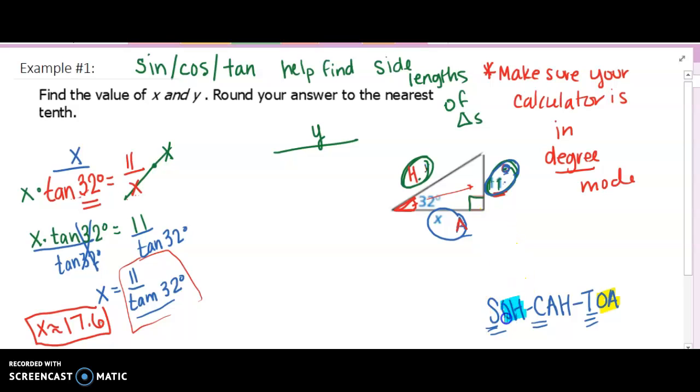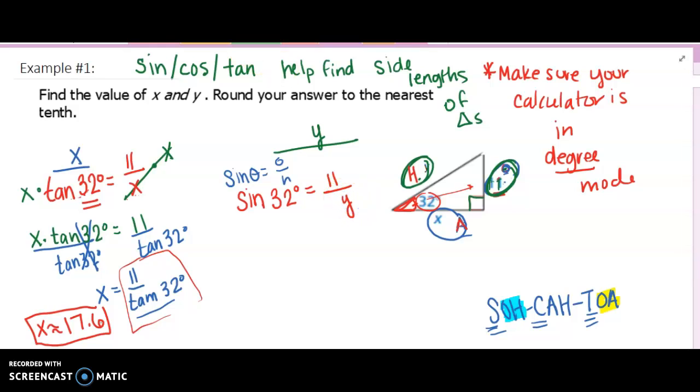Sine pairs O and H together. So I know that sine of theta equals opposite over hypotenuse. I know my theta is 32 degrees, equals my opposite, 11, over my hypotenuse, which is y.